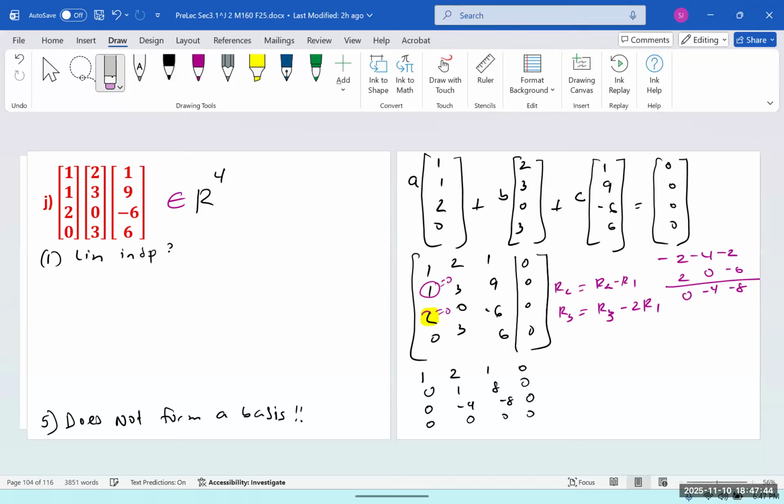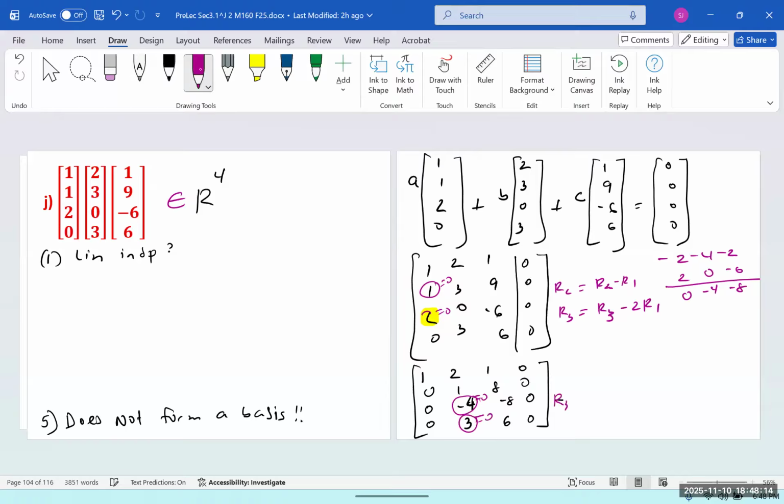Oh, no, not that. 0, 3, 6, 0. And then this is -4. Now we want this to be 0 and this to be 0.